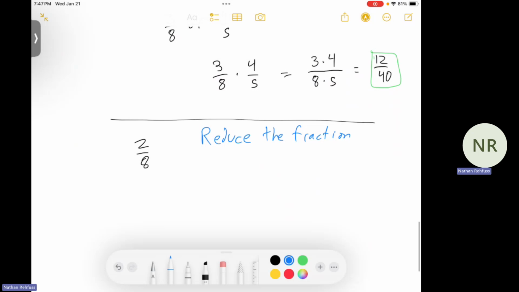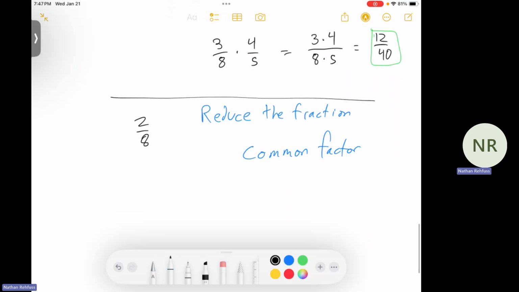They told you in school what you need to do is look for a common factor of 2 and 8. So I could notice that I have 2 times 1 over 2 times 4, and I'm supposed to cross out these 2's because they match. And so 2 over 8 is worth 1 over 4. Now it turns out both of those are worth 25%, but why does this work?